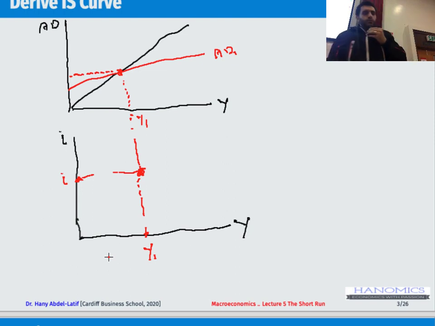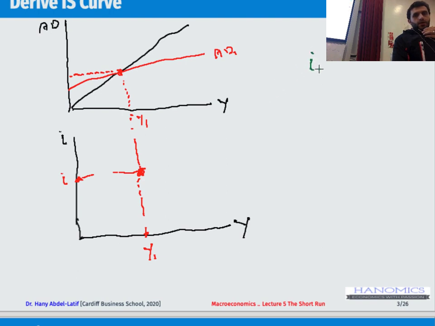So now let's assume a situation where I, which is the interest rate, has dropped. So now let's say we have I2, which is greater than I1. Okay? Sorry, dropped means the other way. So I2 is smaller than I1. So how is this going to affect the aggregate demand? Does anyone remember?